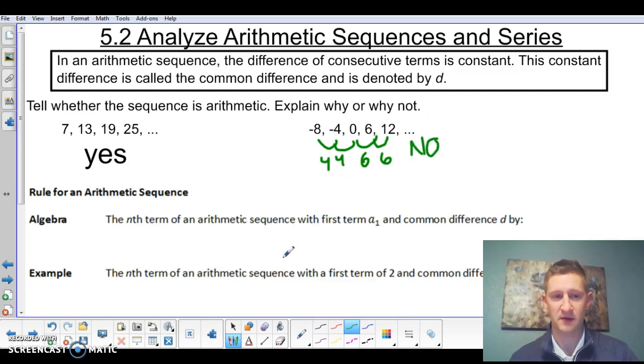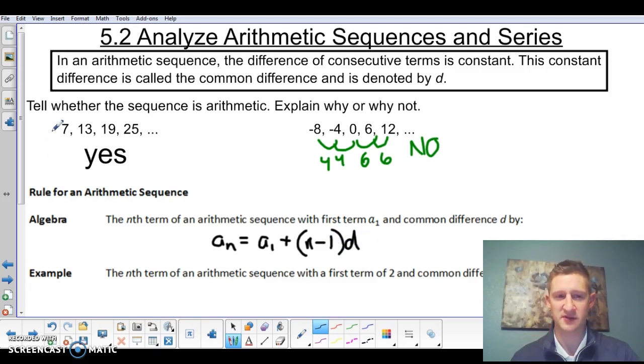Okay? Now, writing a rule for an arithmetic sequence. So if I'm going to write a rule for this, in general, to find the nth term of an arithmetic sequence for the first term a sub 1 and the common difference d, we're going to write it this way. To find the nth term, I would take the first term, whatever it happens to be, plus n minus 1, n again being the number of terms, times the common difference, which is d.